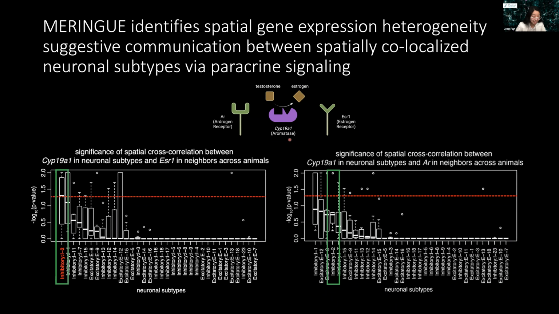So this particular spatial organization of aromatase expressing I2 neurons, spatially co-localizing with estrogen receptor neurons in the spatial neighborhood, could be suggesting that perhaps the estrogen being synthesized by these I2 aromatase expressing neurons may be interacting with the estrogen receptors on these spatially adjacent ESR1 expressing neurons in this paracrine manner.